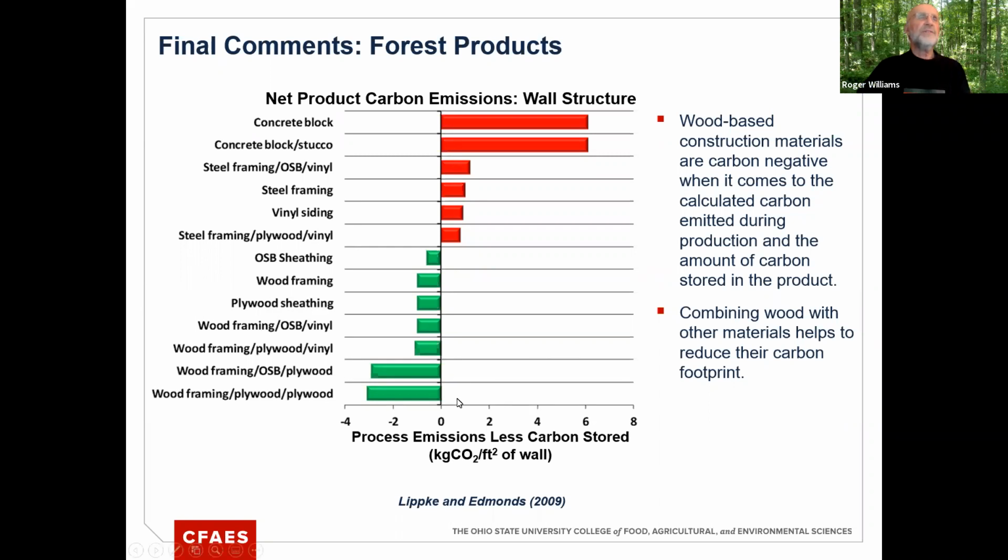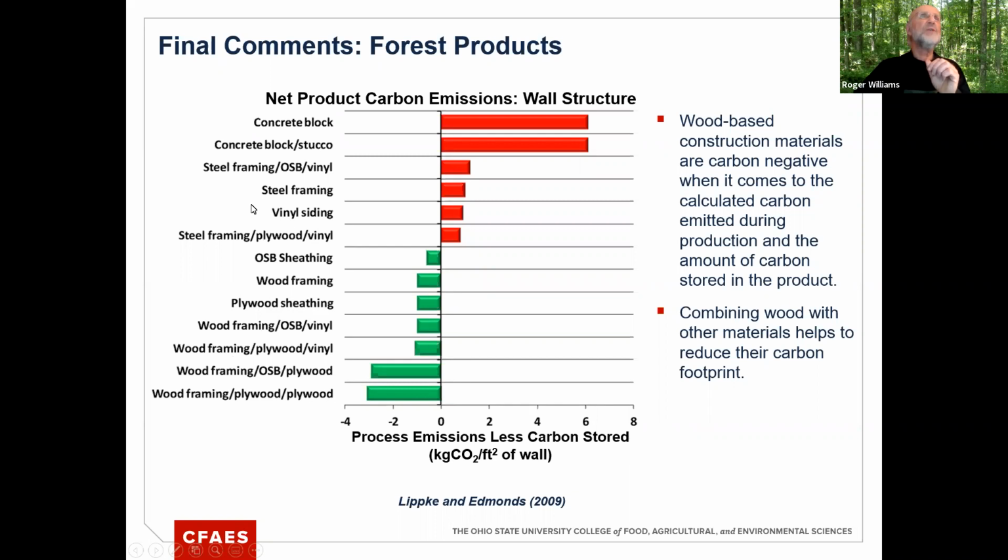So if you look at the emissions, the process emissions, carbon that's emitted in the process of making the product minus the amount of carbon that is stored, right? If you look at the listing of the different construction materials, this is based on kilograms of CO2 per square foot of wall material, all right? We find that many of the wood-based products, right?